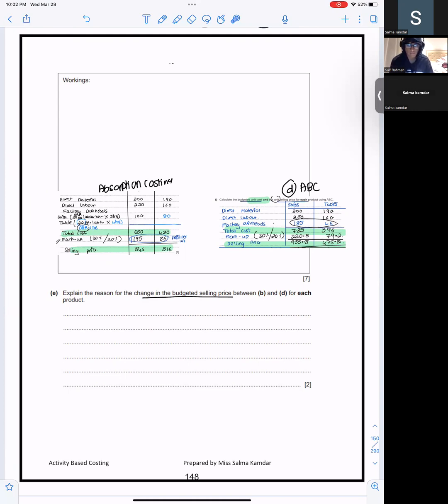So that is what I will write. As per ABC costing, activity based costing, higher overheads is charged to sofa, leading to a higher selling price.